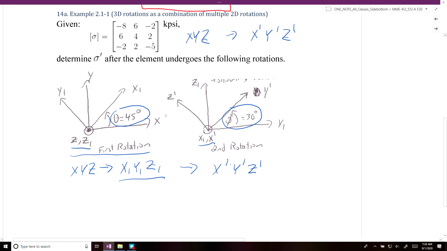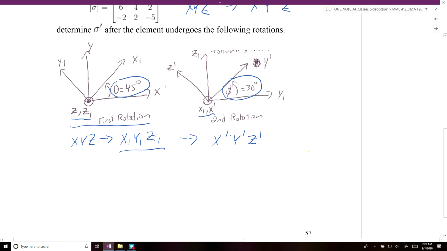Okay, so what we're going to do here is set up a transformation matrix for both the first rotation and the second rotation.